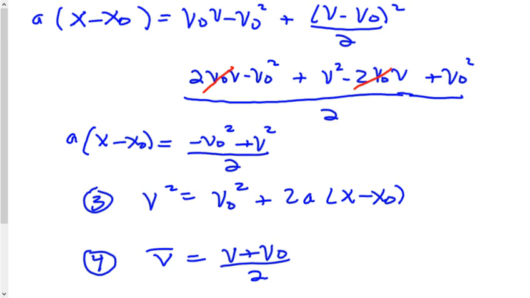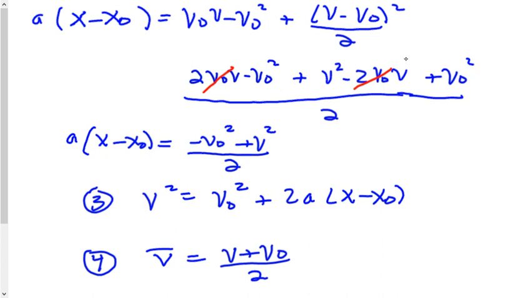Okay, now what we're going to see is just a bunch of algebra here. I am then going to multiply this out. I'm going to common denominator this as well, so I know I'm going to need to get a 2 on top here. This is actually 2 over 2 for this one, and I'm going to group terms together. So I will then have 2 v naught (v minus v naught) plus, let's just go ahead and FOIL this out, v squared minus 2 v naught v plus v naught squared.